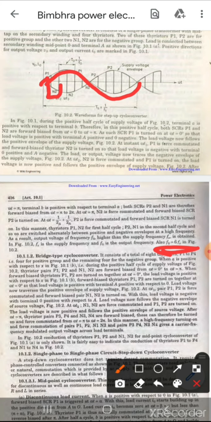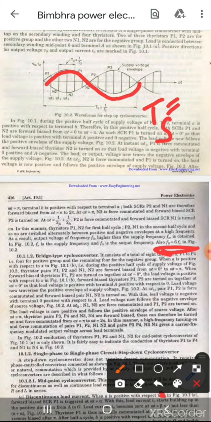This is your T0. So in one Ts you got 1, 2, 3 and so on, Ts is equal to 6T0.